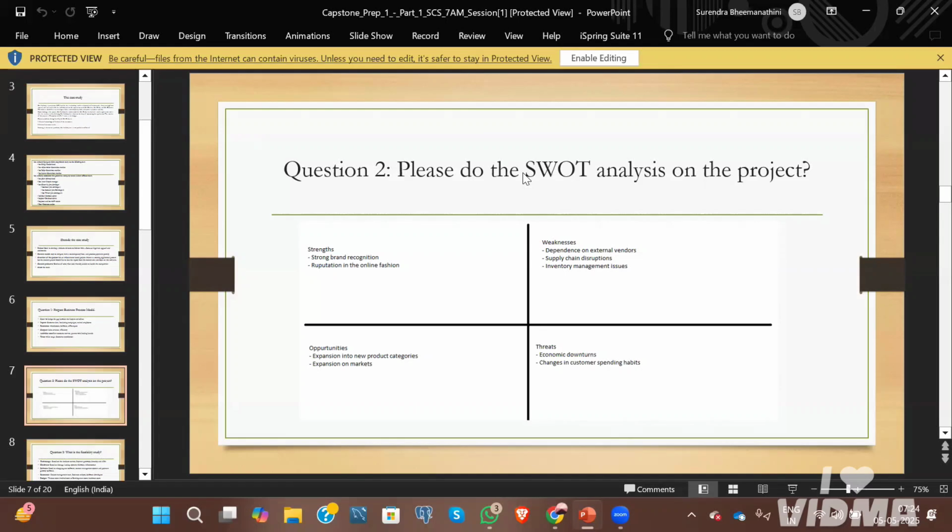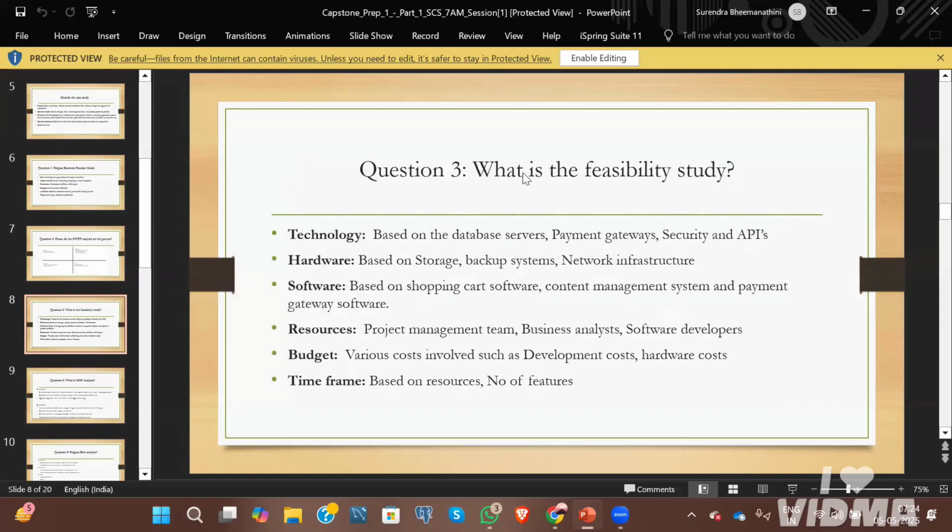Okay. Next one. What is feasibility study? So a feasibility study is nothing but, guys, a study you will do to find out whether we can accept this project, or whether we can finish or complete this project. Okay, it is like a test of whether it is viable for us to accept this project or not. You will be conducting this feasibility study on four parameters, guys.